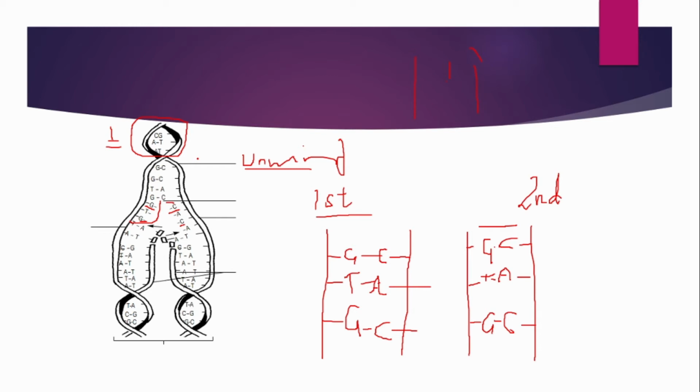And then the floating nitrogenous bases are going to attach to these strands. As they attach, they are building another DNA molecule, and as a result we get two DNA molecules. That's the DNA replication process where DNA makes a copy.